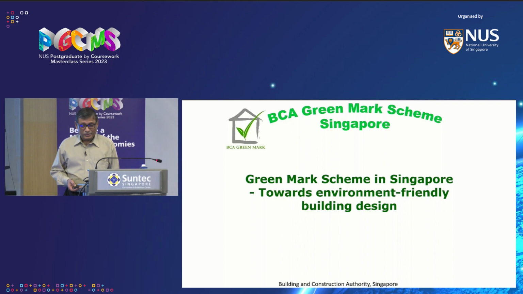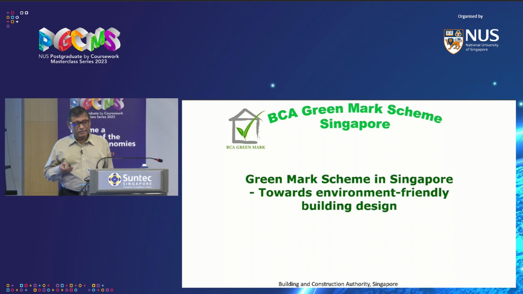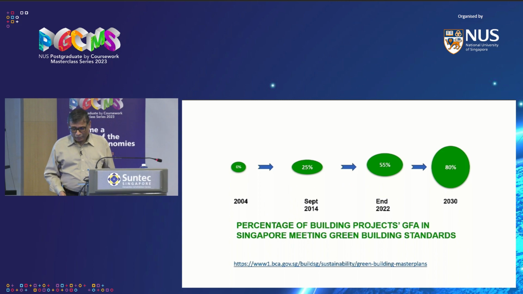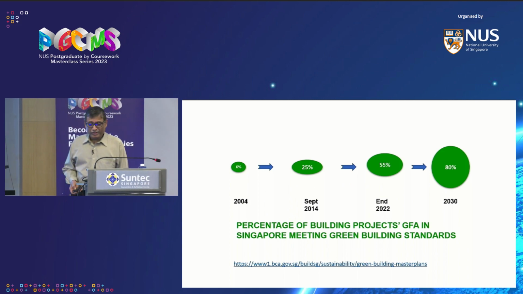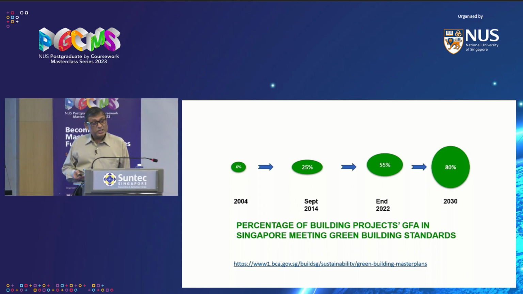In these 18 years, we have made tremendous strides, done a lot of, I would say, positive enhancement to the energy performance of buildings. So the Green Mark scheme is the rating system. It's a kind of environmental impact measure in more ways than one. We don't have time to go into details of it, but here is a snapshot of what it is doing.